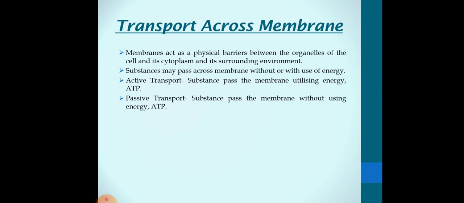Some substances use energy to cross the membrane, and there are some substances which do not use energy to cross the membrane. When any substance passes the membrane utilizing energy, that is ATP, such type of transport is called active transport.